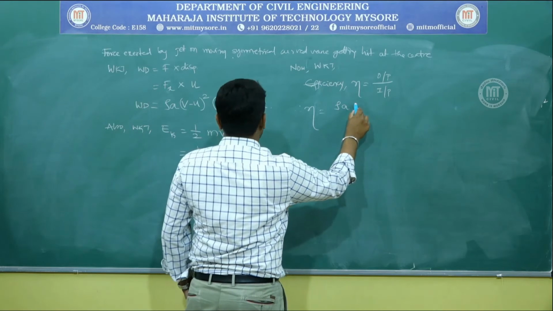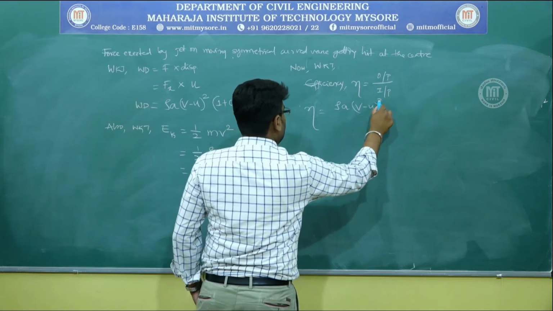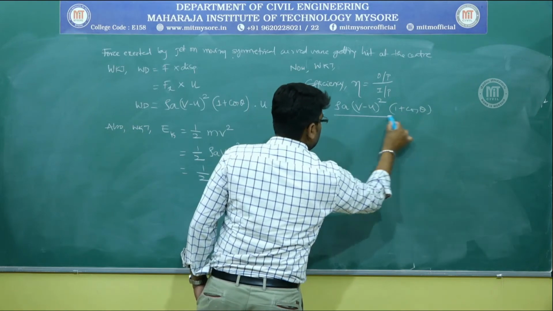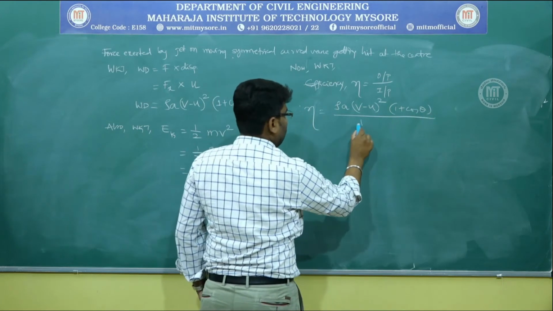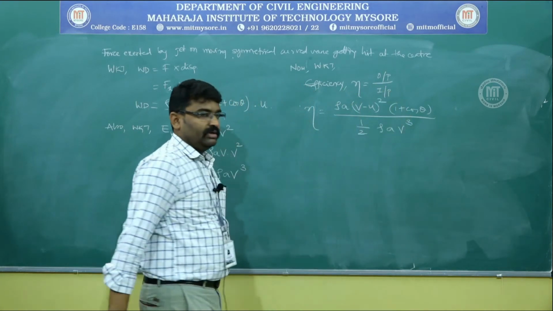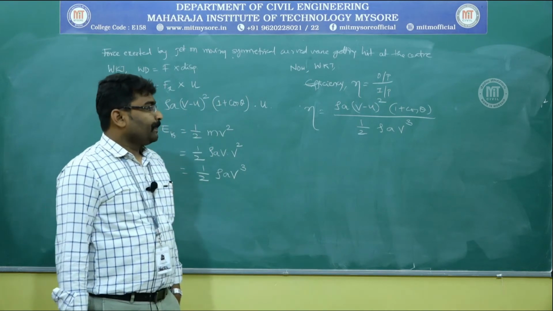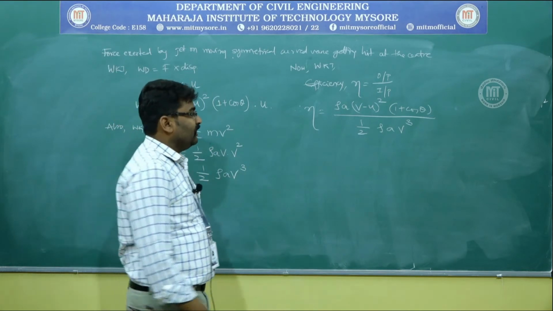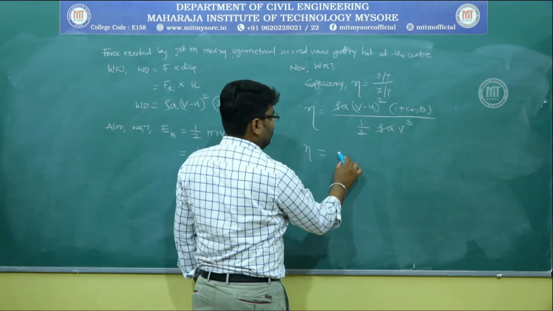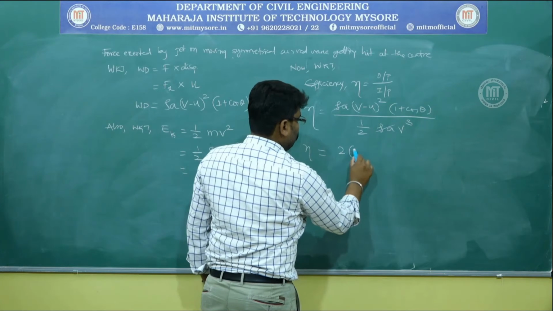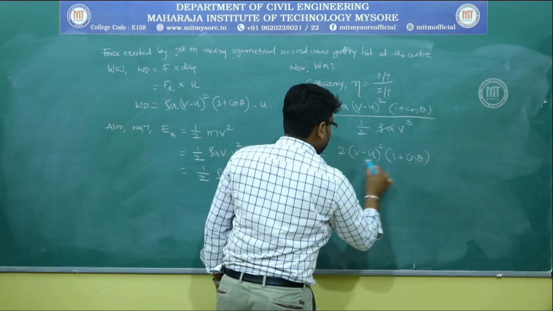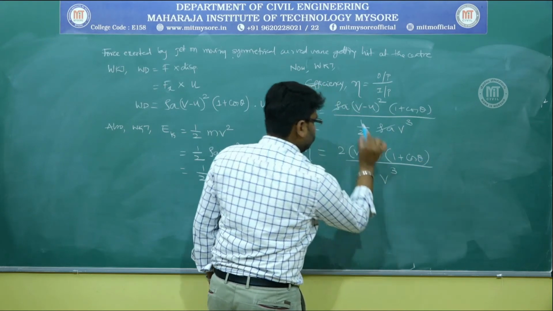Rho A into (V minus u) whole square into (1 plus cos theta), whole divided by half into rho A V cube. This is the expression for the efficiency. You can as well cancel out these things and efficiency can be written as 2 into (V minus u) whole square into (1 plus cos theta), whole divided by V cube.